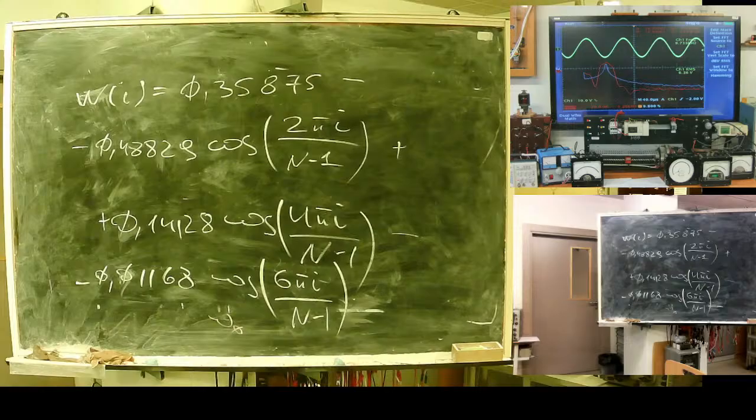A good design, a real good design, should incorporate meticulous crafting of the analog preprocessing part to match the characteristic of the selected DFT. Okay, I think it's enough for today.